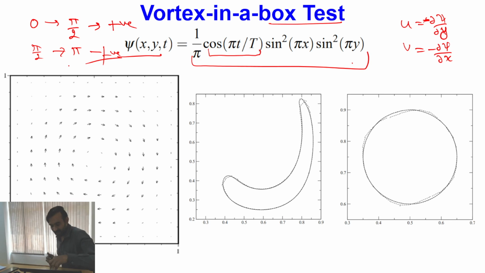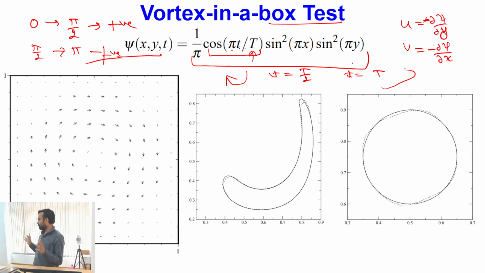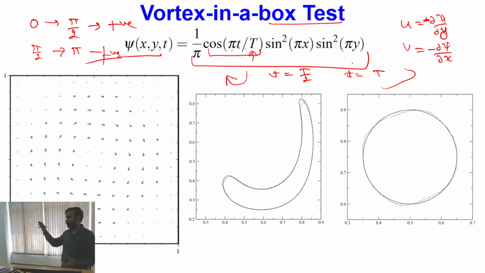So here you can see that cos pi t is linked with capital T, where capital T is the period. Okay. So when t is T by 2 or its odd multiple, I will be getting, say, clockwise rotation, and when t is a multiple of T, then I will be getting, say, counterclockwise rotation. Is this one clear? So my rotation keeps on oscillating.